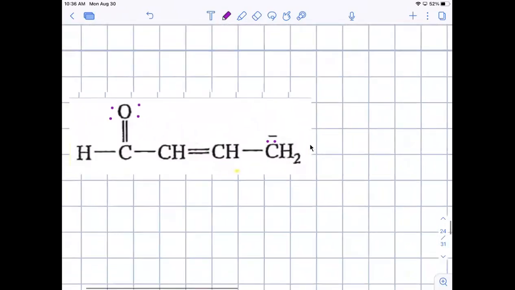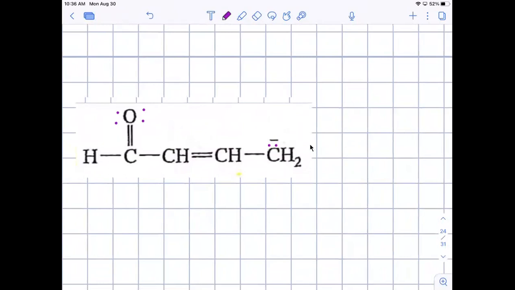That's another important skill to have, how to write a Lewis form and where to put your lone pairs. In a structure like this, without the lone pairs, you may not know where to start. So always put your lone pairs in, so you keep track of all your electrons.